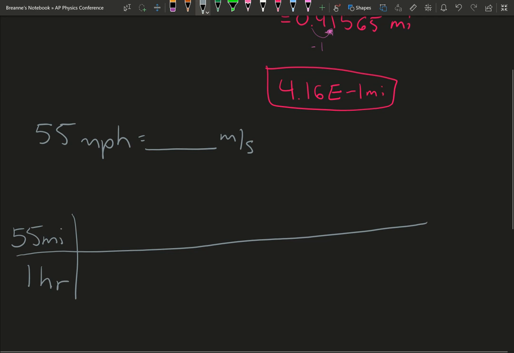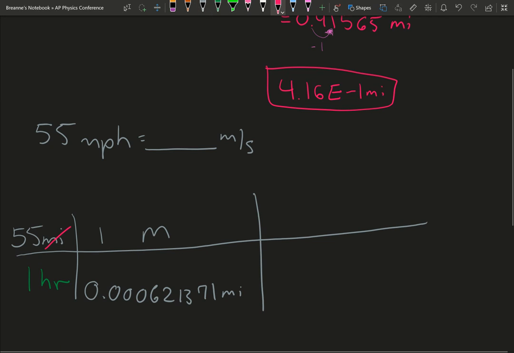We're just going to focus in on one of the units. So the first, and we're going to do these in two different colors here, so it kind of stands out what unit we're dealing with. So let's focus on the miles first. So miles is on top. We don't want miles, so miles have to go on the bottom. We're trying to get to meters. So we just stated that for 1 meter, it's this, and I'm going to erase this so I can write the number again, 0.000621371 miles.